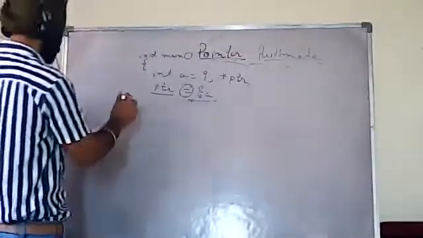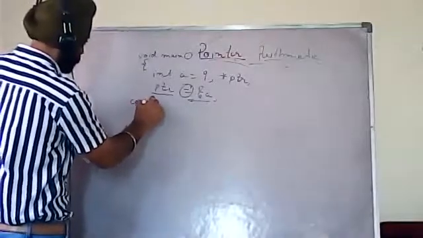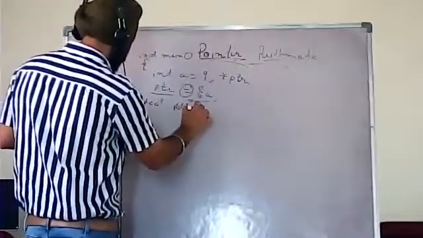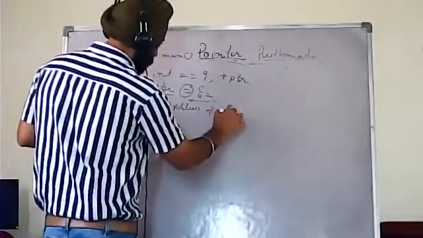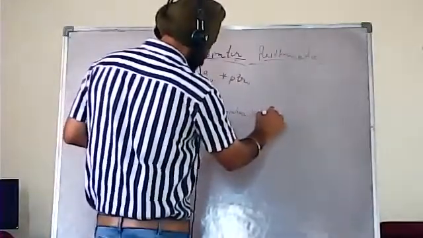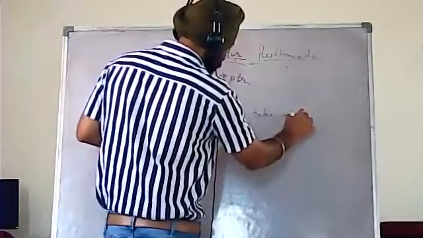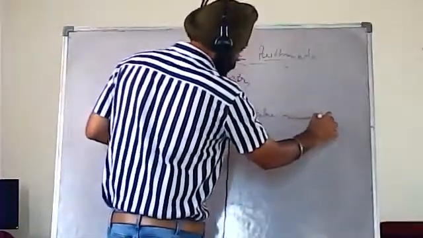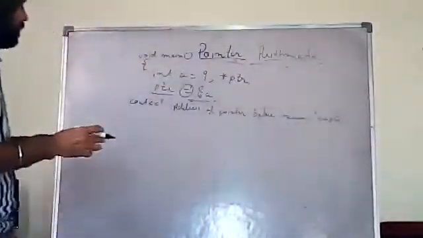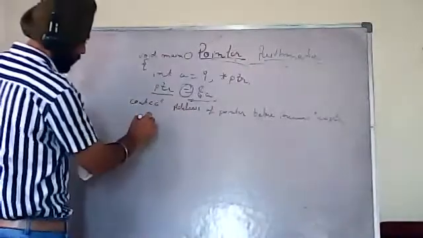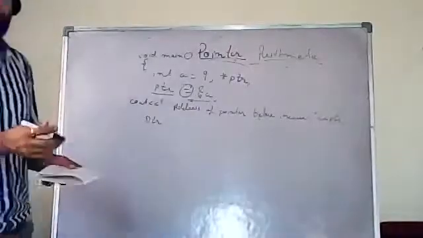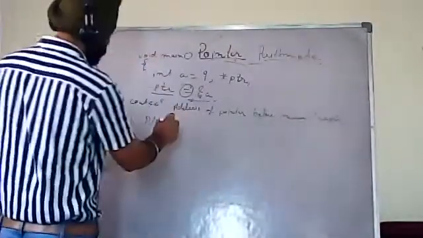The next step is to print the address of the pointer before increment. Here is a pointer, it will print the address. Then after that we use the increment operator, that is plus plus.